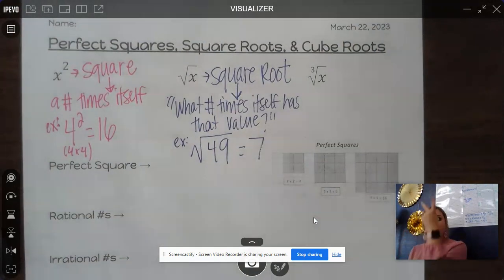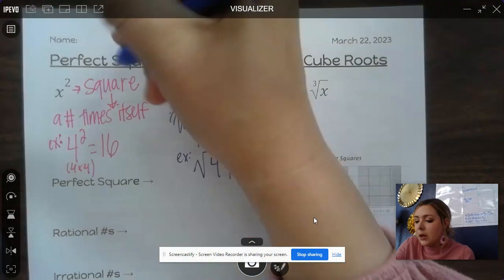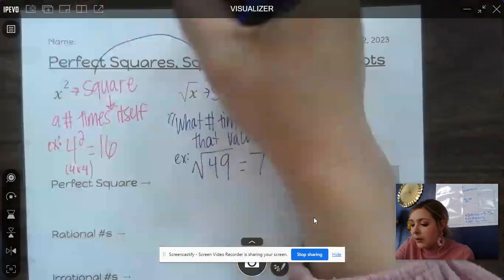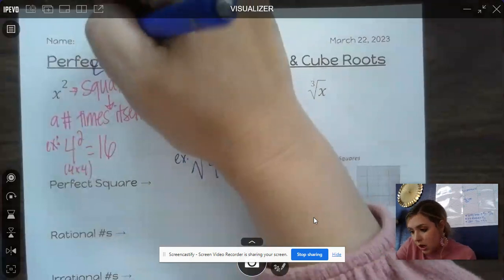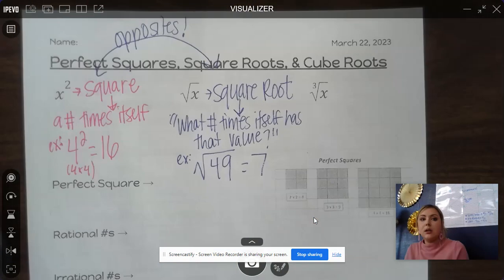So to kind of bring it both ways, I could say 7 squared is 49. Or the square root of 49 is 7. Like I said, next week, that is how you will solve Pythagorean theorem every time. You will have to use these interchangeably. So I think the best note for you to write for both of these is that they are opposites. I think that's an important note to make.